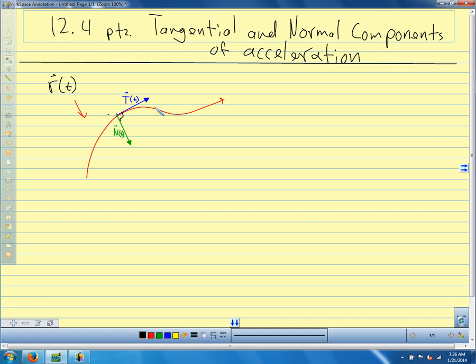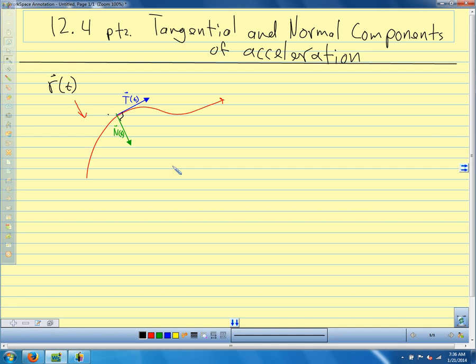What would the normal component, if we had a component of the acceleration normal to the curve, what is that going to do to our object? You change direction, rotate, make it turn. So we're talking about a type of acceleration that speeds up or slows down our object, and a component of acceleration that's going to tend to make our object turn.